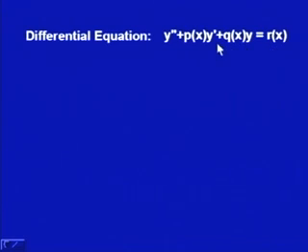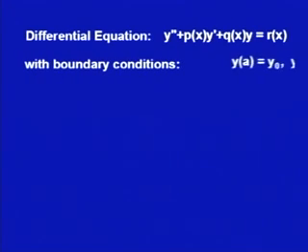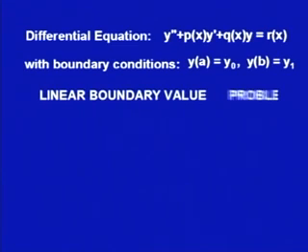So, this is a second order linear differential equation where if r x is not 0, it is non-homogeneous, otherwise if 0 then it is homogeneous. This is linear. So, with these two boundary conditions, y at a is y naught and y at b is equal to y 1, this differential equation will be termed a linear boundary value problem.